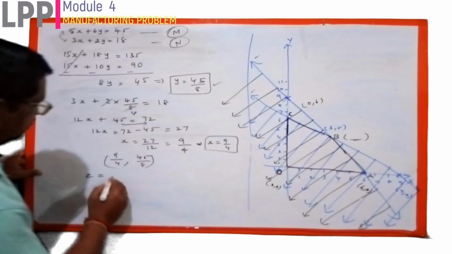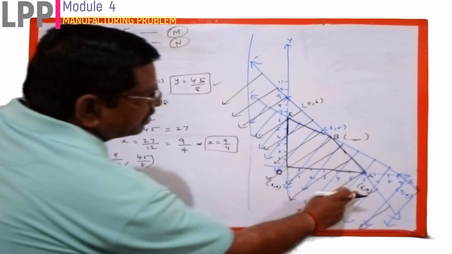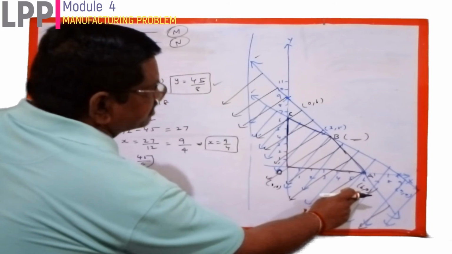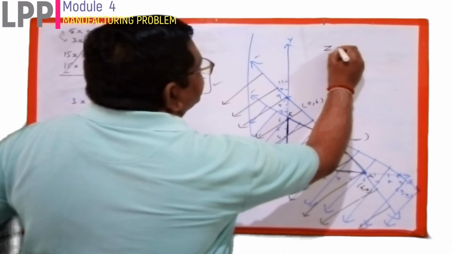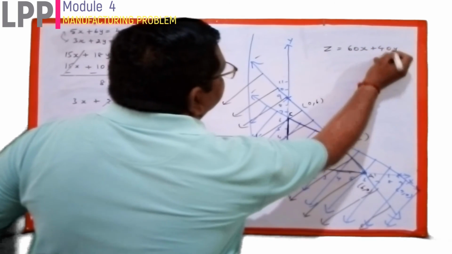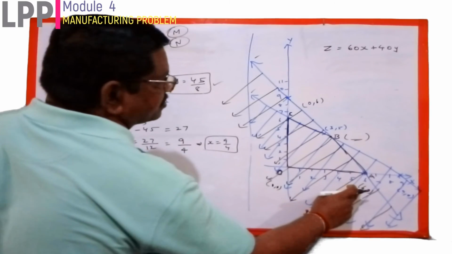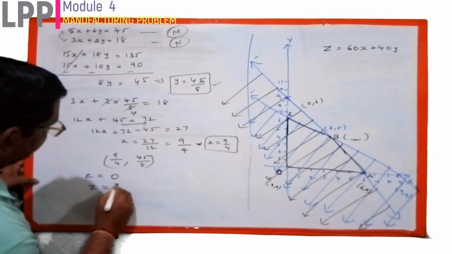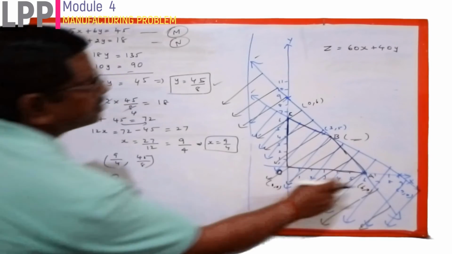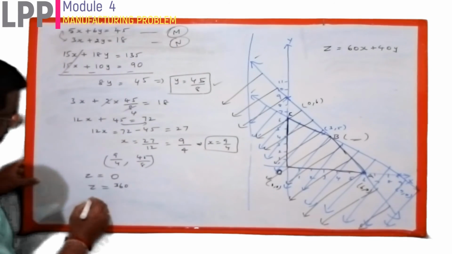When I take 0, 0, this becomes 0 because both the values are 0. Now substitute 6, 0 because we know Z is equal to 60x plus 40y. In this we have to substitute the value of x and y. So 60 into 6, that is 360, plus 40 into 0 is 0, we can leave it, so 360.